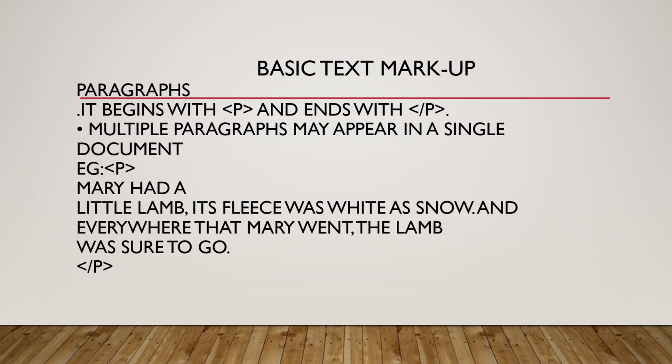Multiple paragraphs may appear in a single document. Example: P, Mary had a little lamb, its fleece was white as snow, and everywhere that Mary went, the lamb was sure to go, /P.